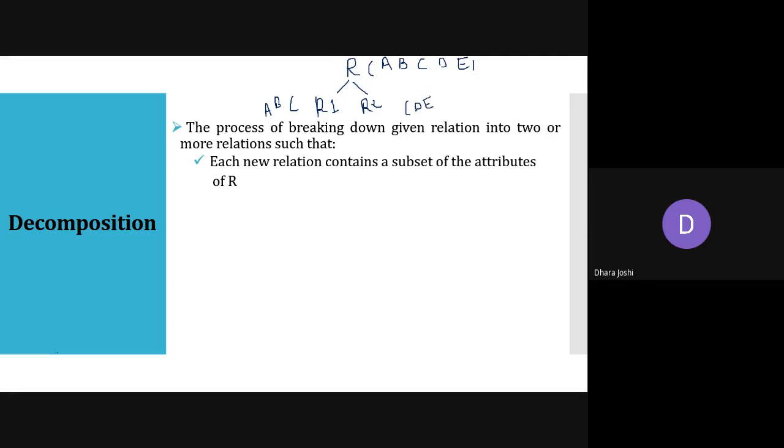It is a subset. There is no new column which is not previously available in R, so that is not possible in decomposition.